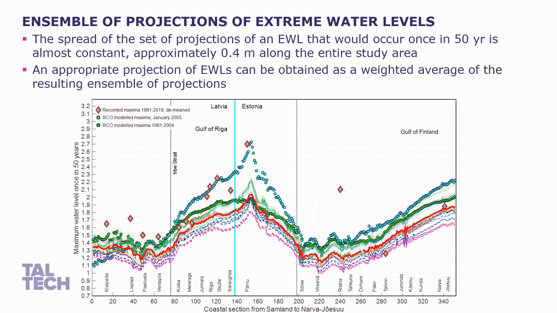And the resulting return periods are higher in the bayhead, like in the Pärnu region, and also in Narva-Jõesuu, in the bayhead of the Gulf of Riga, and lower at the open part of the Baltic Sea, at the coast of Lithuania and Latvia and the West Estonian archipelago.